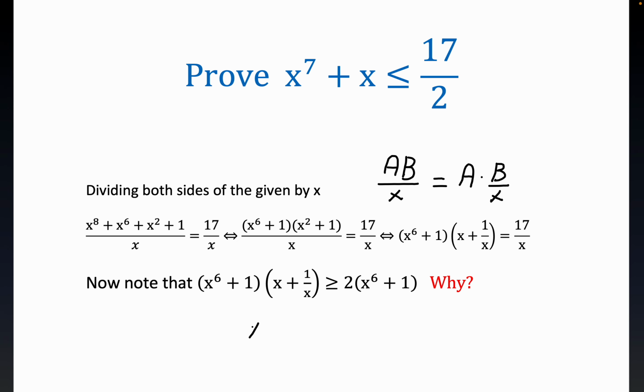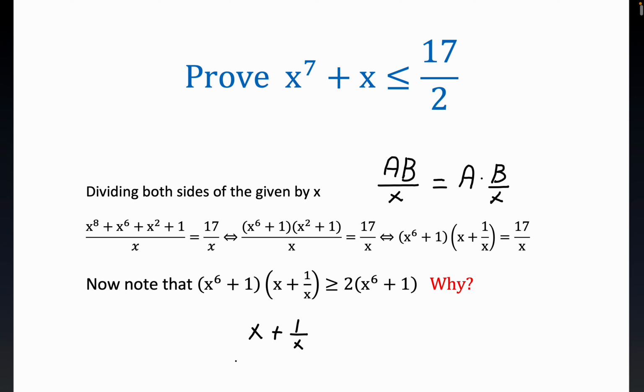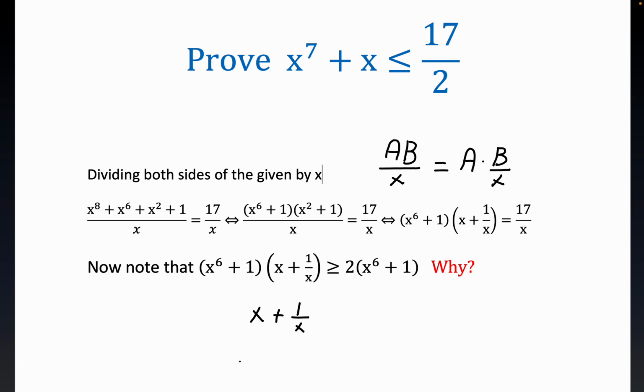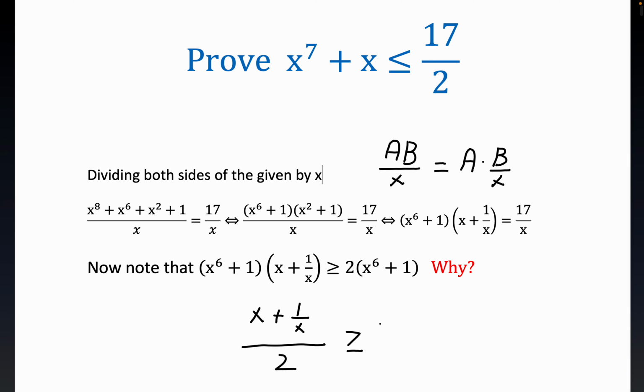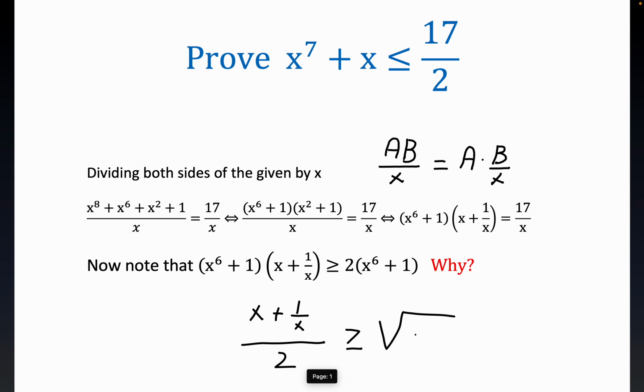It says if you have two real numbers, probably two complex numbers also, and you divide their sum by 2, which is just the arithmetic mean, that's guaranteed to be greater than or equal to the square root of the product of the two things. So I'll put the square root of x times 1 over x.